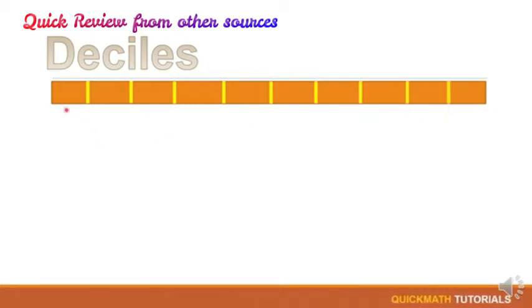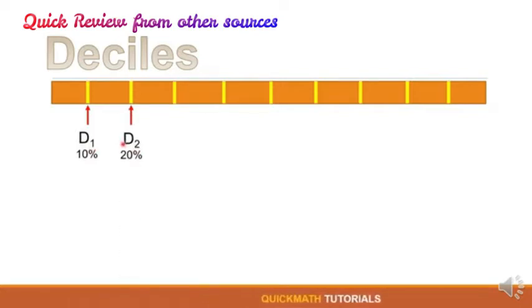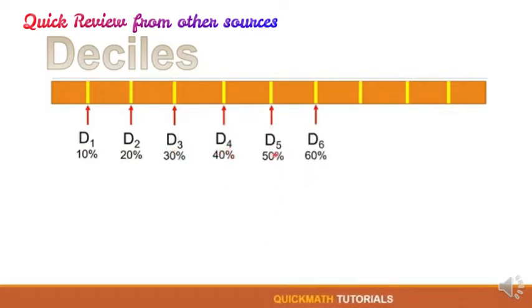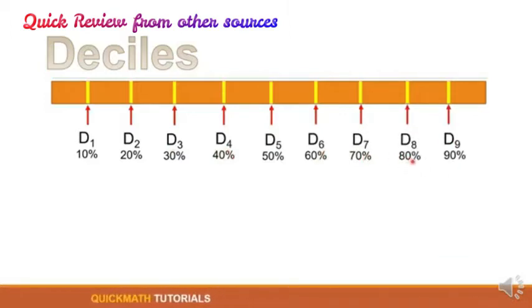And that gives us 1, 2, 3, 4, 5, 6, 7, 8, 9, and 10 equal parts. This one is what we call D sub 1 or the first decile, D sub 2 the second decile, third decile, fourth, fifth, sixth, seventh, eighth, and ninth decile or D sub 9.